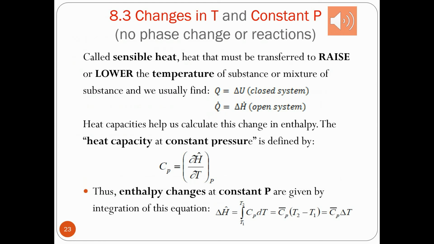So the enthalpy change at constant pressure is given by the integration of this. You can determine that the change of specific enthalpy is Cp times the change of temperature, final minus initial.